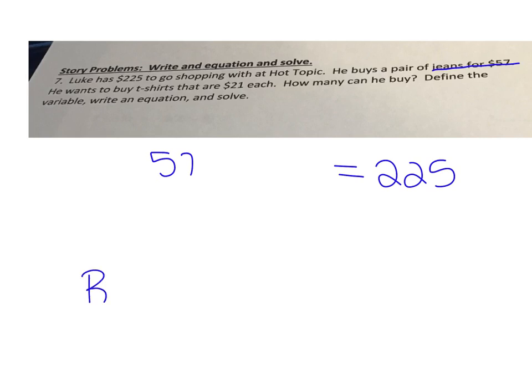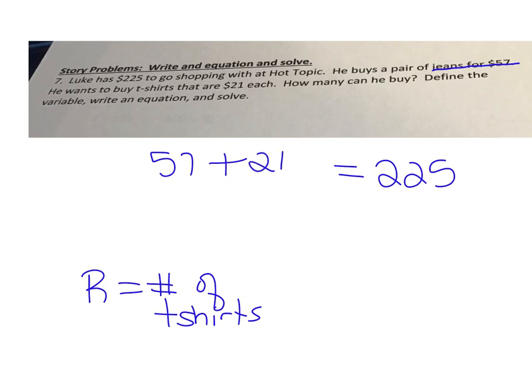I'm just going to pick R because I don't like using T. R is going to stand for number of t-shirts, because obviously an equation has to have a variable. So if each t-shirt's $21 and we don't know how many he's going to buy and he's already spent $57, we're going to put plus 21, the price of the t-shirt, times however many t-shirts he can actually buy, which is what we're finding out. Now we've got an equation, we're ready to solve it.